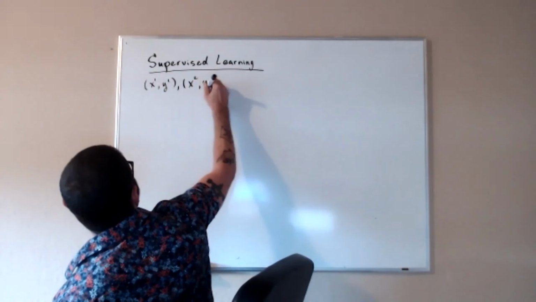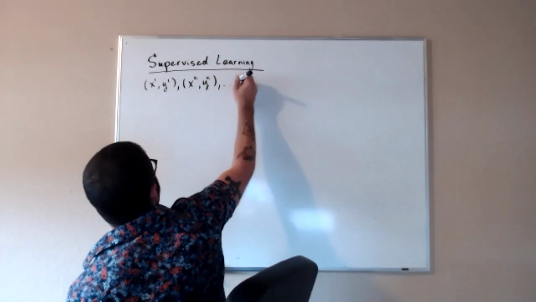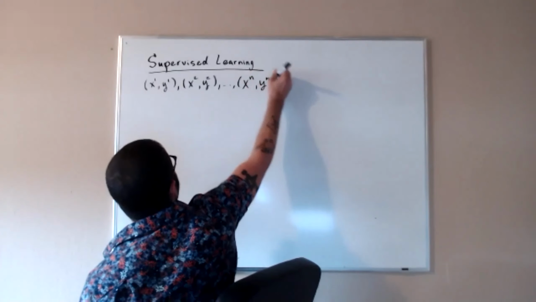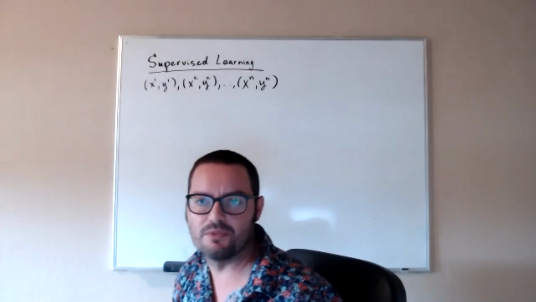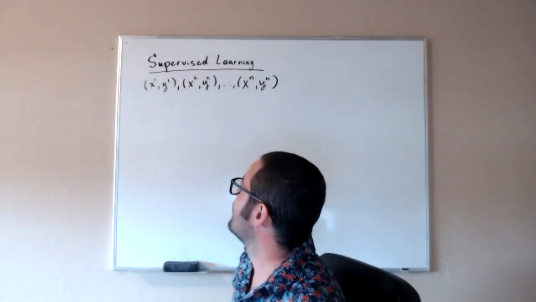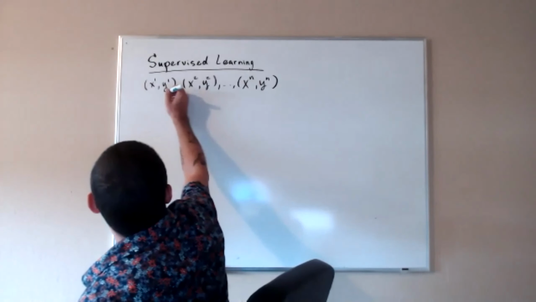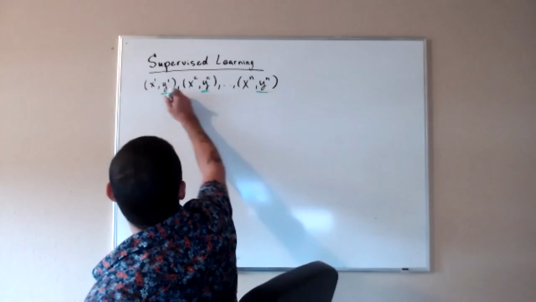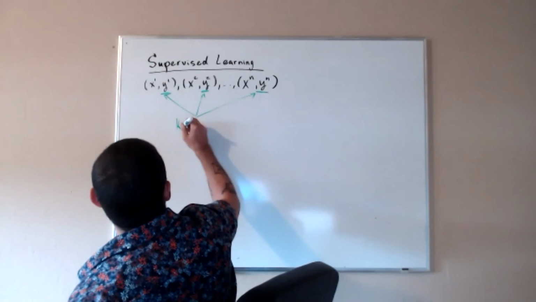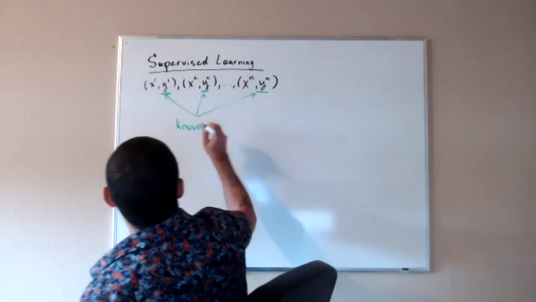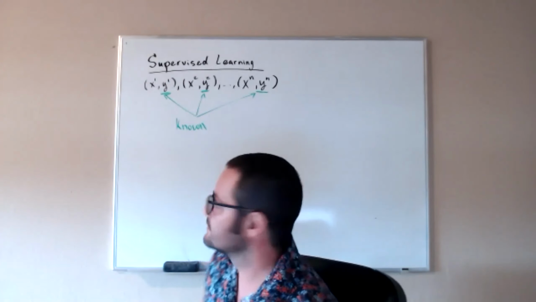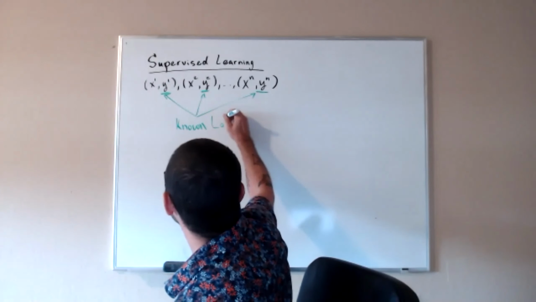Say there are n data points, where we have features represented by the vectors x1 through xn, and then we have the labels represented by y1 through yn. So in supervised learning, these labels are known.